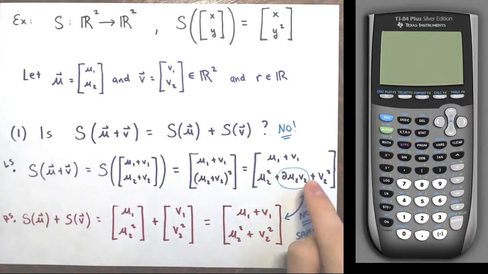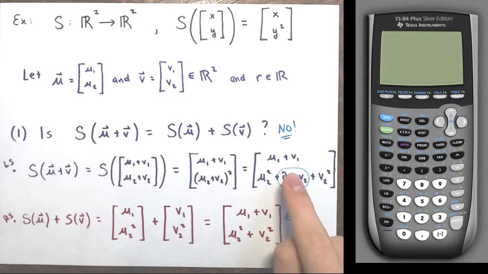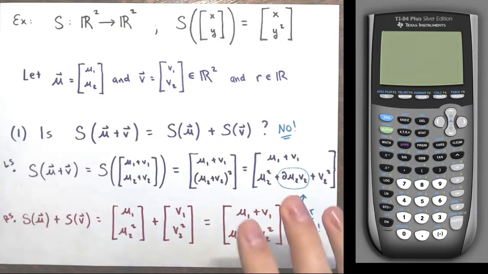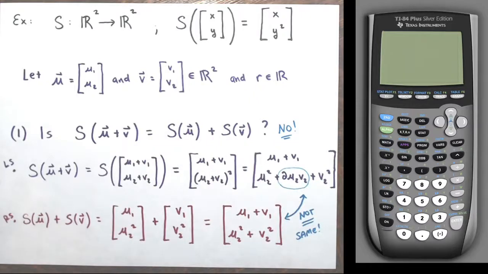And I want to set it up too so that this is not 0, right? The 2u2 v2. So basically, as long as u2 and v2 aren't 0, either of them, this middle term here will not be 0, and then they're definitely not going to be the same, right? Because if this were 0, then these two expressions would be the same. But remember, this property has to hold for every vector u and v from the domain. So I'm just going to pick some vectors here where the second components of u and v aren't 0.